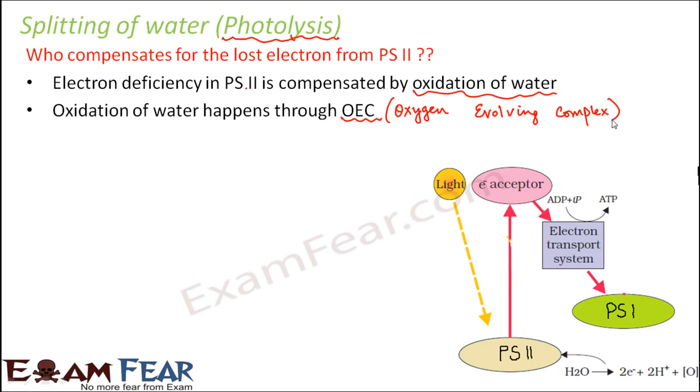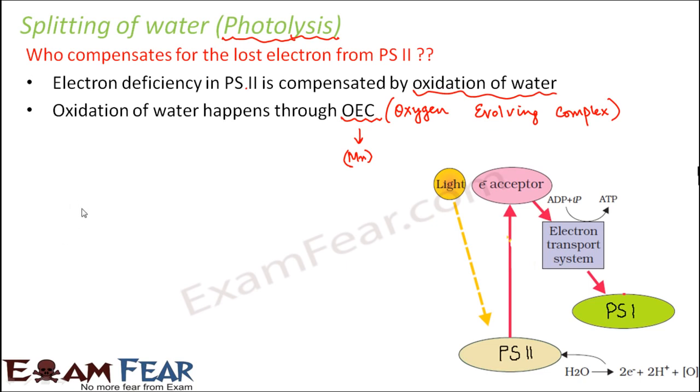Now, what is this oxygen evolving complex? This is a protein structure, or you can say an enzyme, because enzymes are also mostly proteins, which has a cofactor with cluster of manganese ions. So, this OEC is a protein structure with manganese ions. This manganese complex is highly oxidized, so it is able to transfer the electrons in water to PS2.